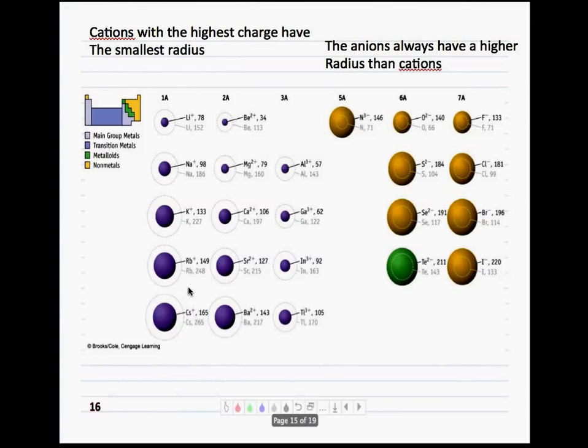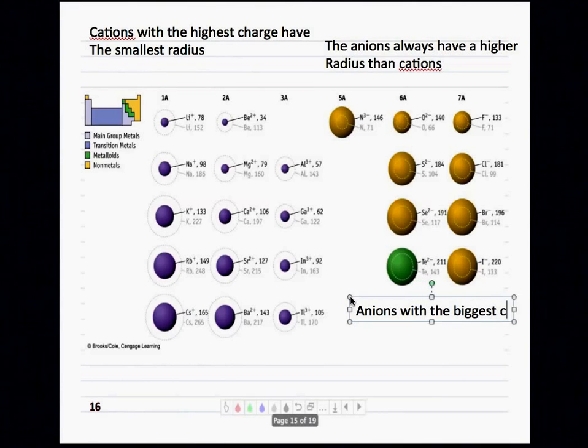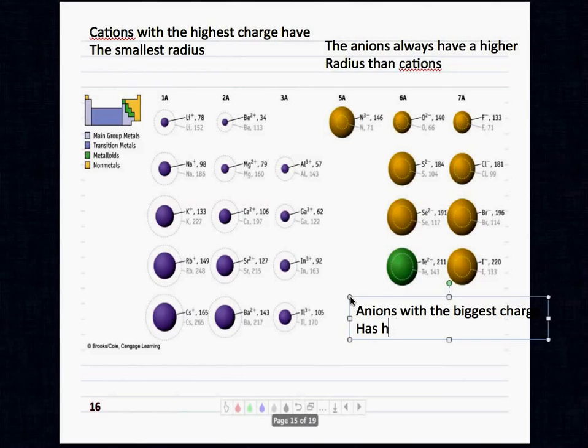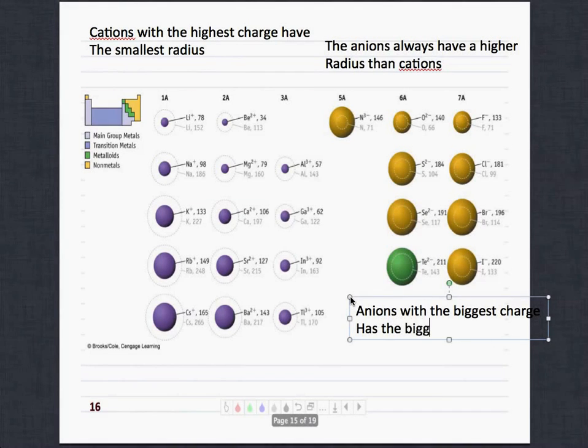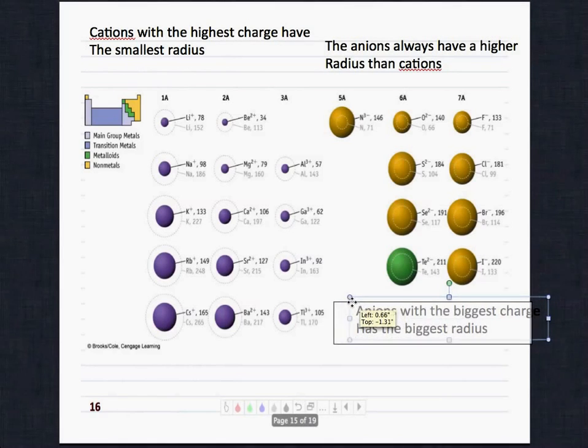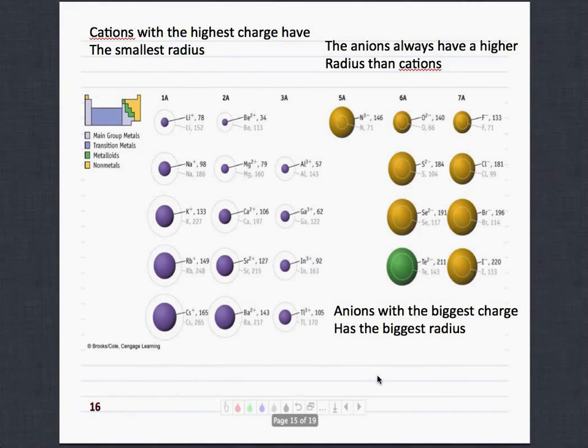So for anions, the anion with the highest charge has the biggest radius. Okay? And that's a rule of thumb.